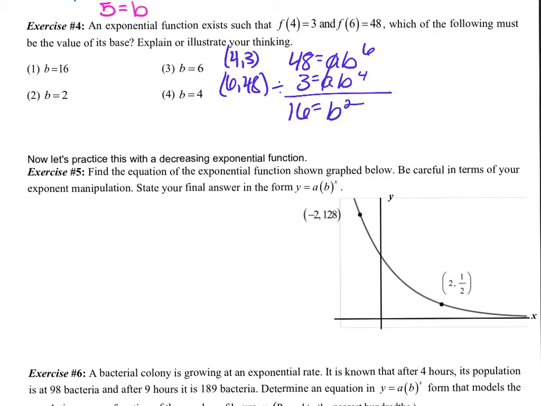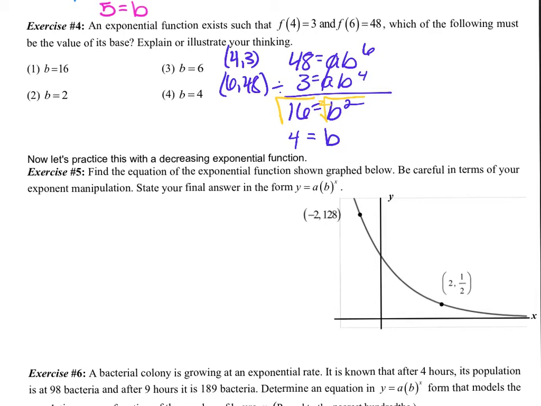Now, how do I solve this? I don't have a cube like I did in the previous ones. Well, I'm going to take the square root this time, right? Because there's that invisible 2 there. A square root cancels a square. So I get b equals 4.